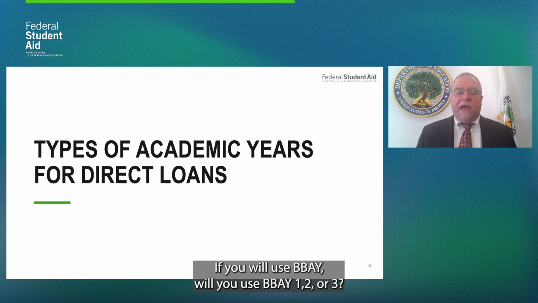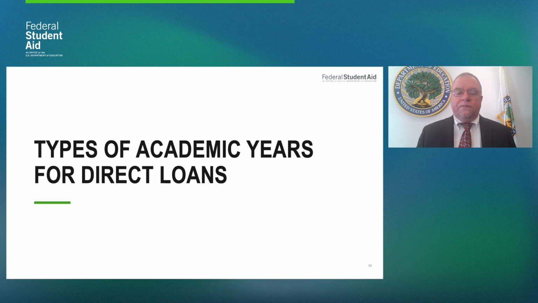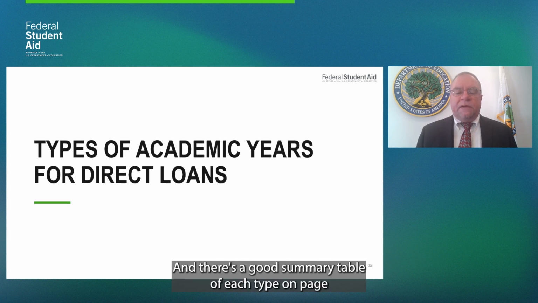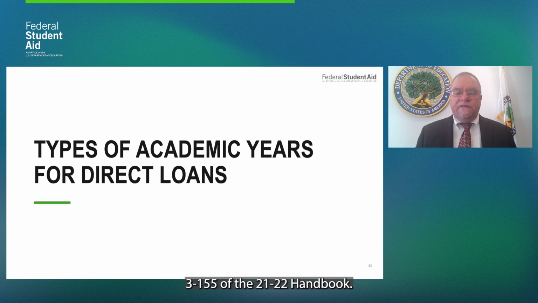If you will use BBAY, will you use BBAY 1, 2, or 3? Additional information about SAY and BBAY can be found in Volume 3, Chapter 5 of the Handbook, and there's a good summary table of each type on page 3-155 of the 21-22 Handbook.